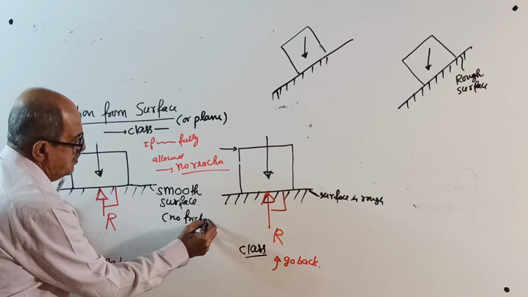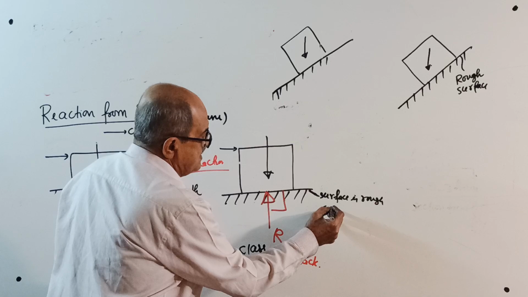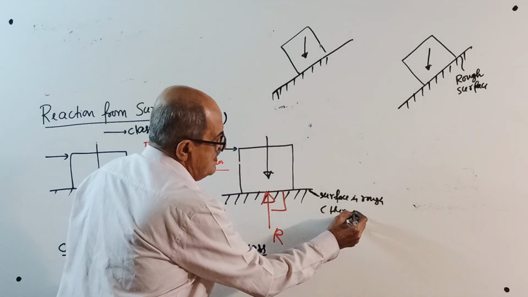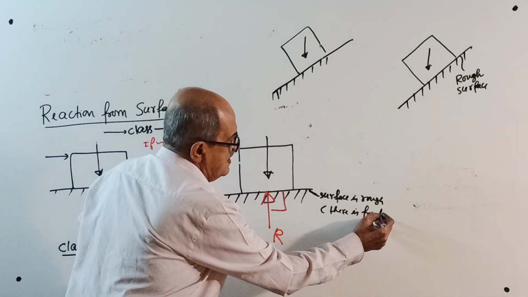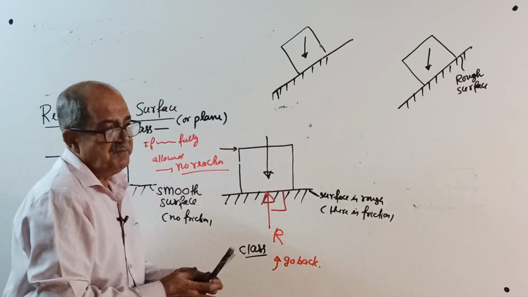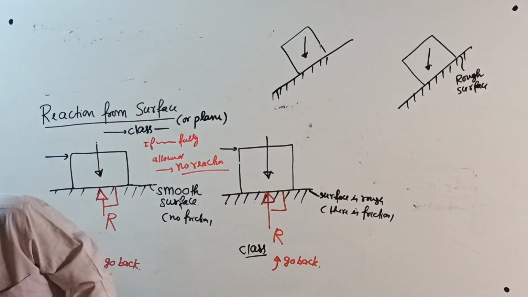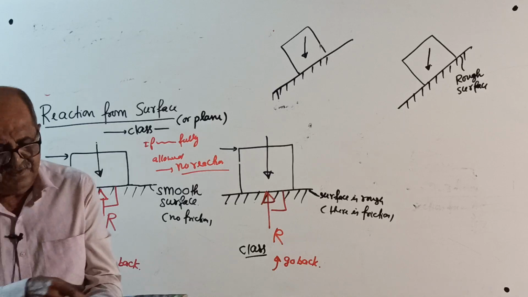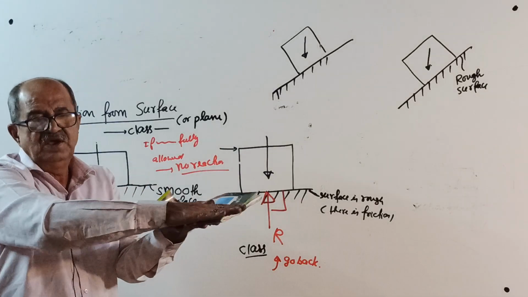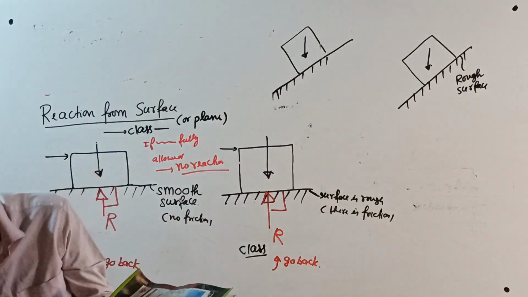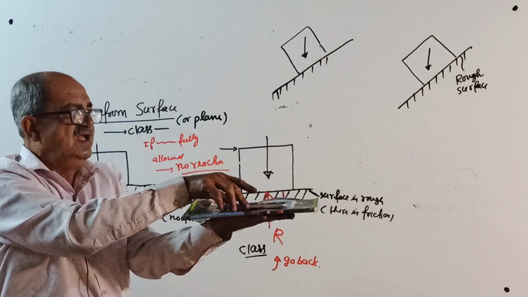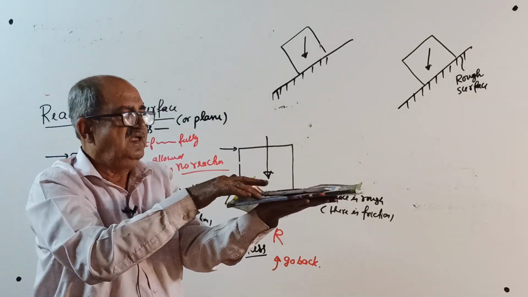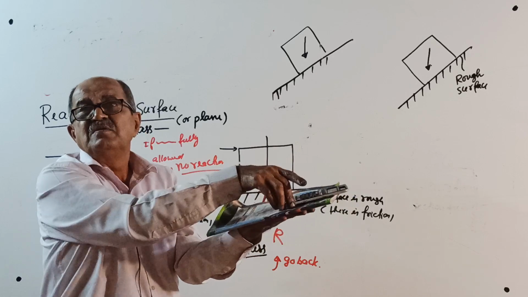Actually, this more will be discussed when I go to friction. Now, for example, smooth surface. This is somewhat smooth, very smooth. I will place a weight here, apply a force this way. You can see it is moving.